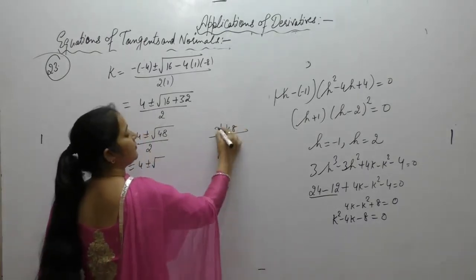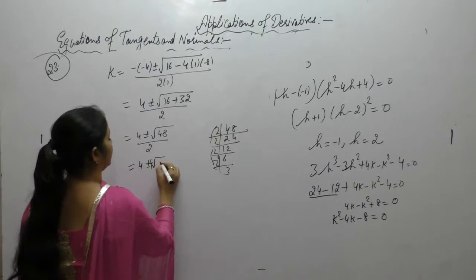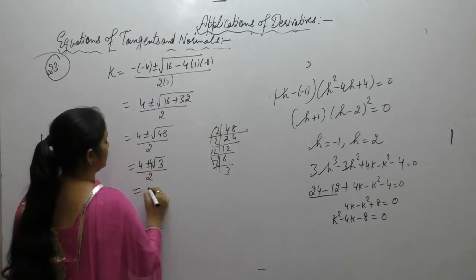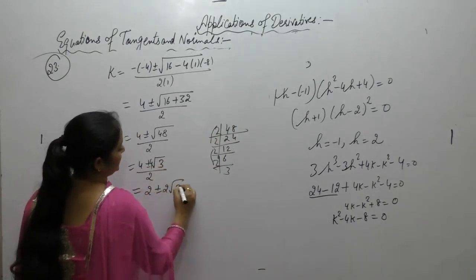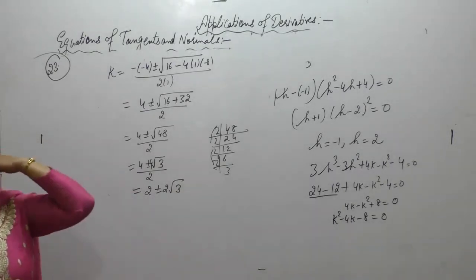Write the factors of 48. So what we get is 4 root 3 upon 2, so k is 2 plus minus 2 root 3. Clear?